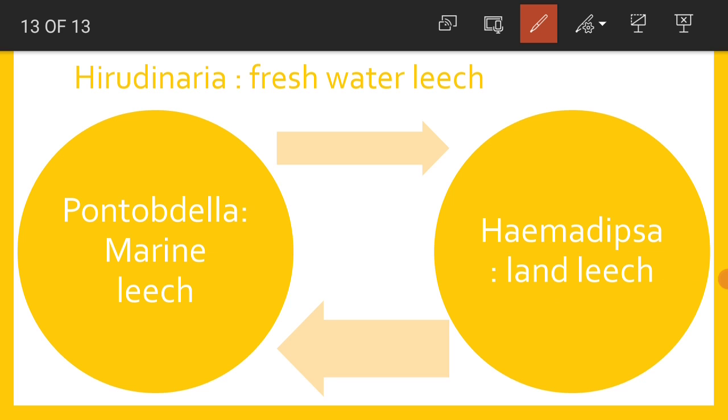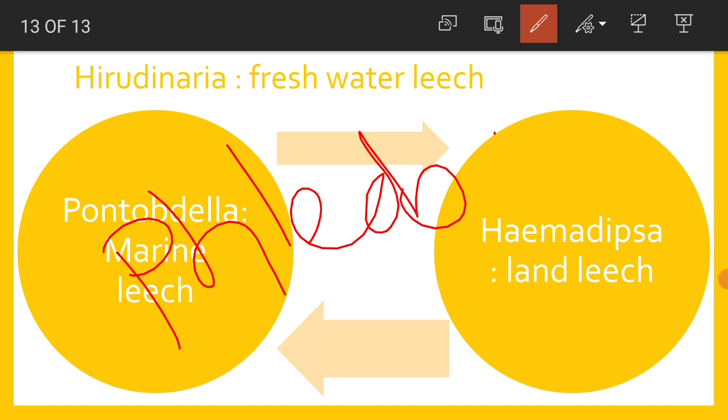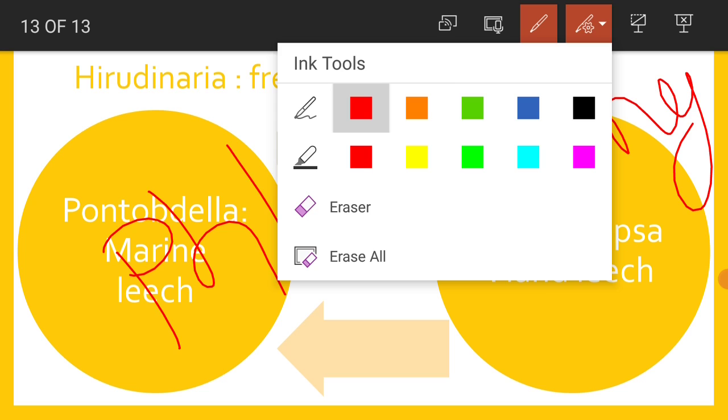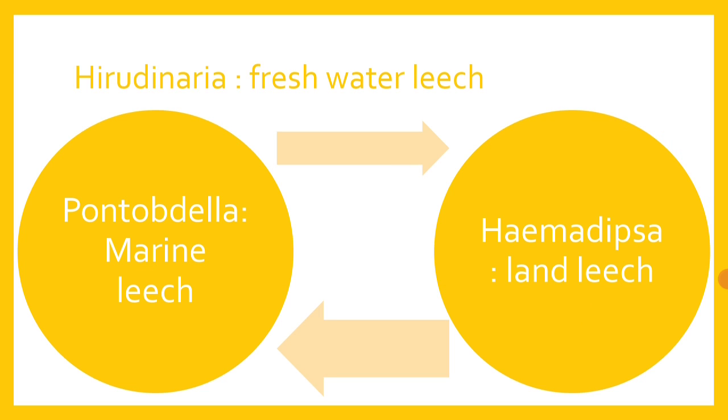So like that, there is a medicinal leech that is used to let out the blood, and this letting out of blood by using leeches is called phlebotomy. So that is about the general characteristic features of Annelida and also its classification. So thank you very much.